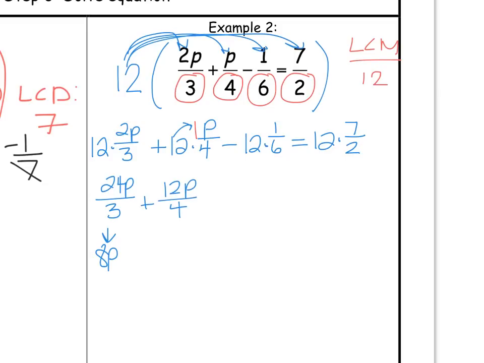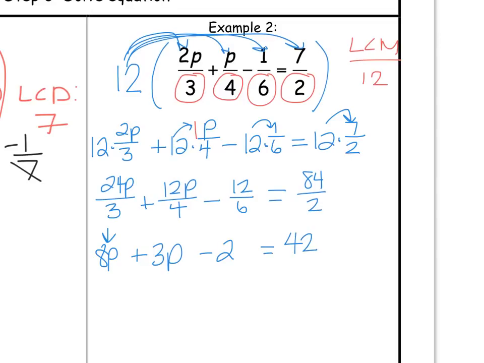So I get 12p divided by 4. 12 divided by 4 is 3, and just bring the p down. Minus 12 times 1 is 12 divided by 6, and 12 divided by 6 is 2. 12 times 7 is 84. Our denominator is 2, and 84 divided by 2 is 42.